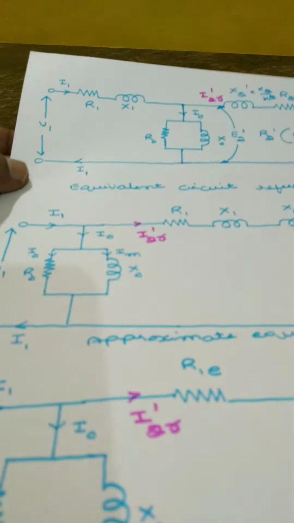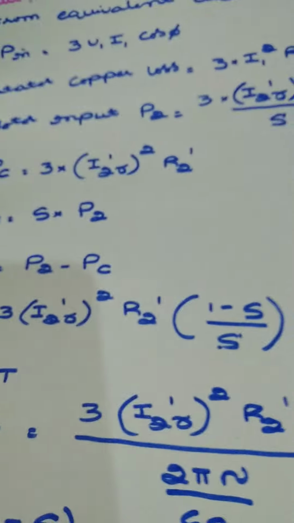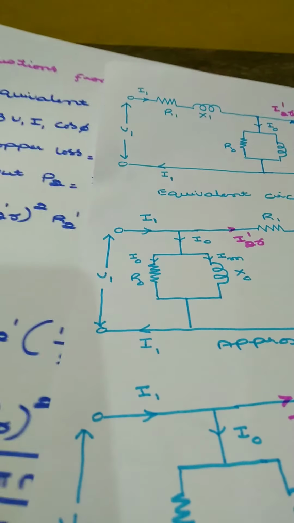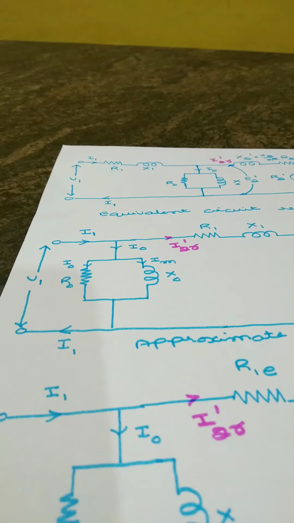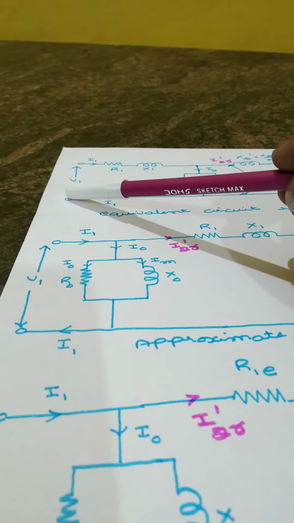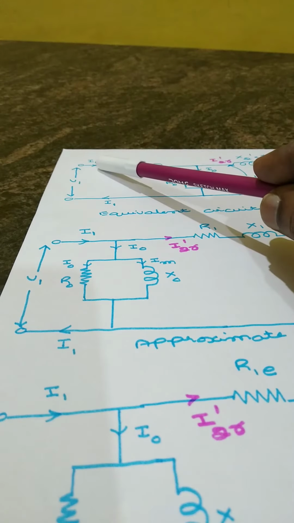From this circuit diagram, if you analyze it, all the power equations can be obtained from the equivalent circuit diagram. So the power equations: input power is nothing but V1 I1 cos phi 1.